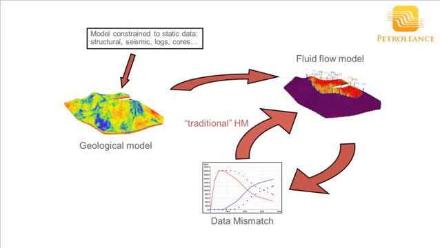In this picture we see that firstly, we must create a geological model, constrained to static data: structural, seismic, logs, cores, and so on. After that, we run this geological model with dynamic data to create a fluid flow model.